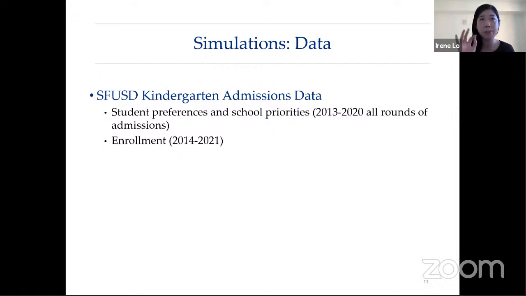What I'm going to show you is based on student preferences and school priorities and all rounds of admissions from 2013 to 2020, as well as enrollment the following year. We're going to focus just on student data from the 2018-2019 round of admissions, but we have data for all these other years as well, and we've also verified on those years.